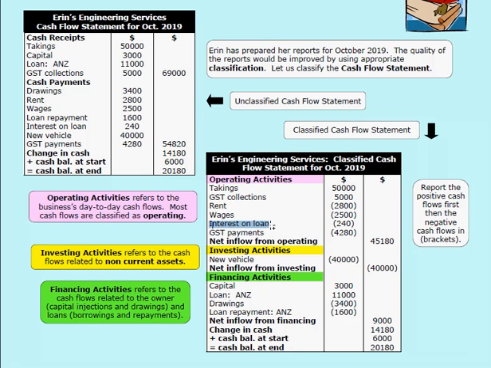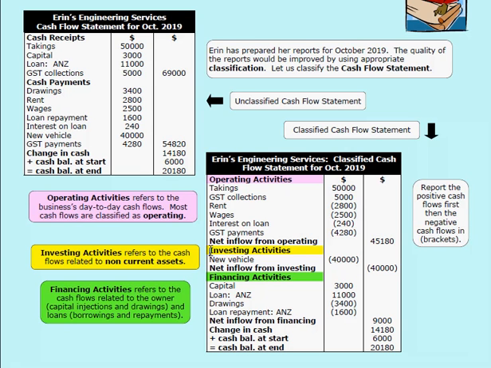Interest on a loan is a negative operating activity, and GST payments, that's a common one, a negative operating activity. So you add up the positives, you take away the negatives, and you come up with a net figure for operating activities. So in this particular business, $45,180 was the net cash inflow from operating activities. The positives less the negatives to give the net figure.